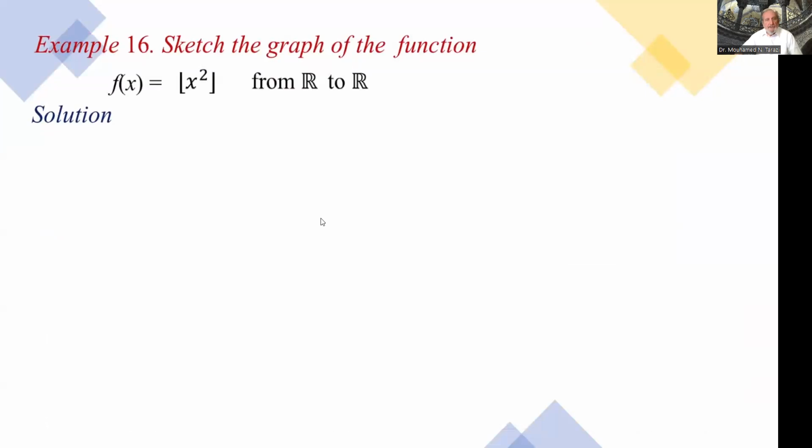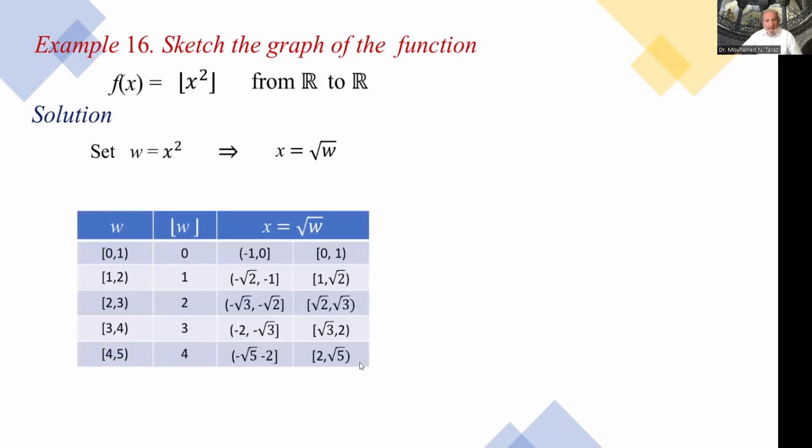So let's look at x squared, the floor function of x squared. Anything I'm doing with floor function, you can do with ceiling function. It's the same thing, exactly the same method. So you call it w(x) equal x squared, then x equals square root of w. Here is the table, I'm giving it to you.